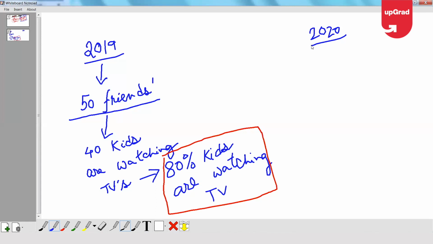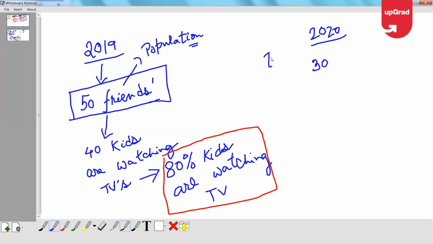In 2019 your number of friends was 50, so consider this as a population of friends in your context. In 2020, suppose you have 70 friends, you have made 20 more friends, and you have gone to 30 of your friends' places over the weekend.